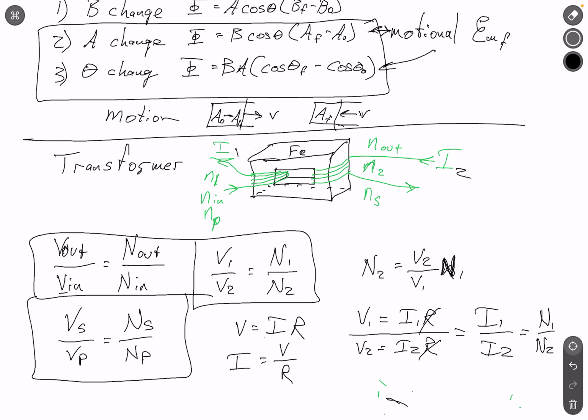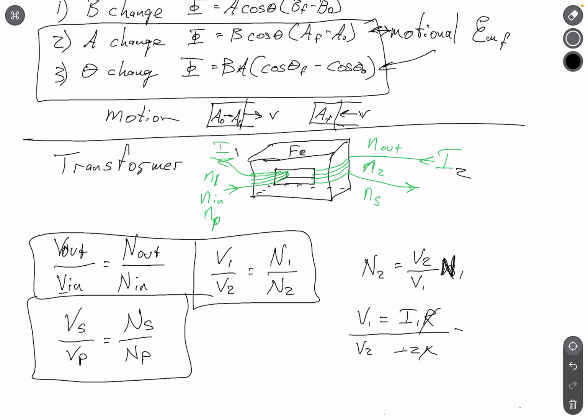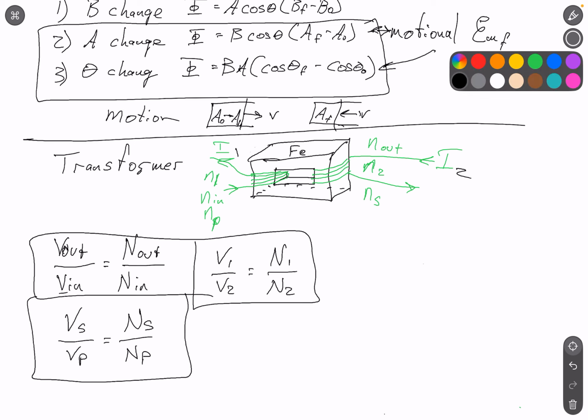Let's do a little erasing here. Forget about all that. That isn't correct. We are not going to do that. We're going to go back to this. Okay, let's do this again. Sorry, everyone.